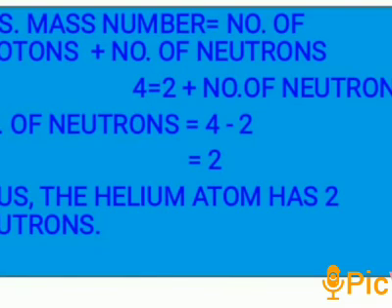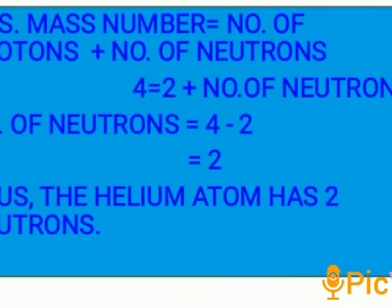So 4 is equal to 2 plus number of neutrons, and number of neutrons is equal to 4 minus 2, which is 2. Thus, the helium atom has 2 neutrons.